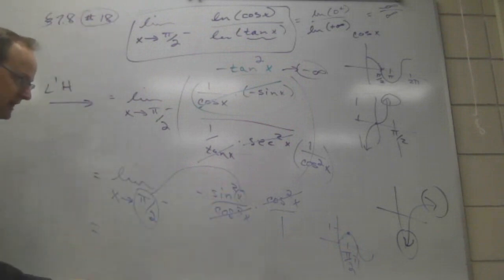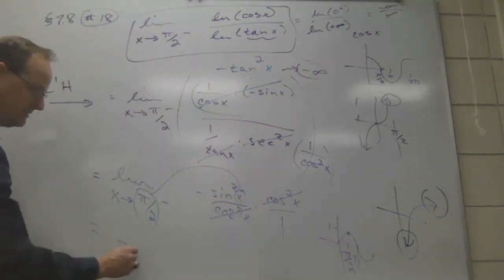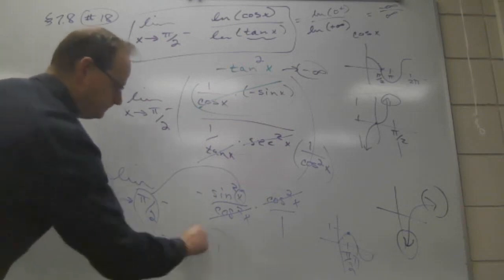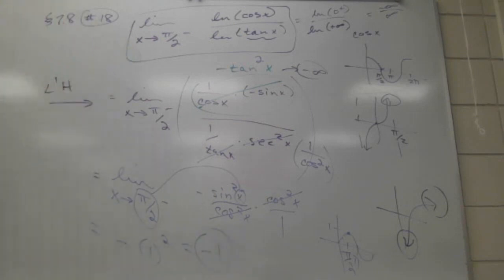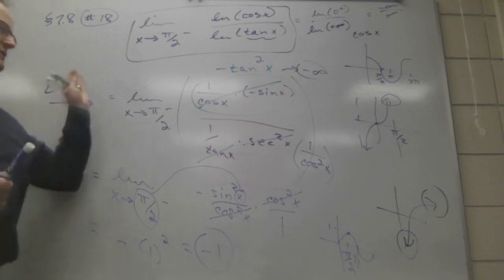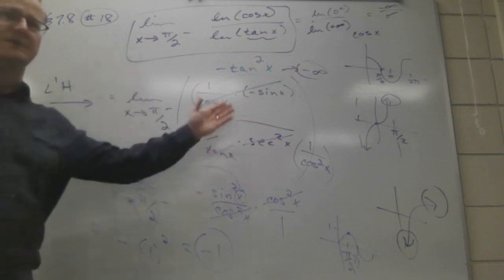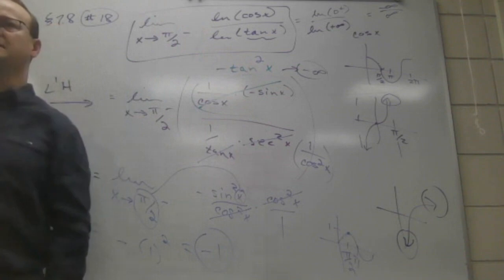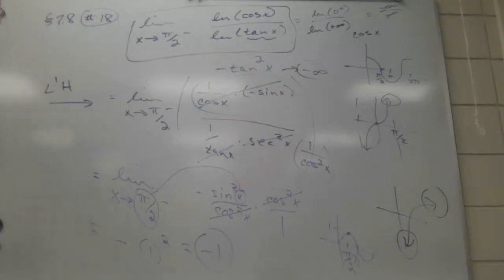And so it's going to equal minus 1 quantity squared, which is minus 1. So the trick there was using L'Hopital's, but then we had to use some manipulation to write it in a way that makes sense, that we could actually figure out.